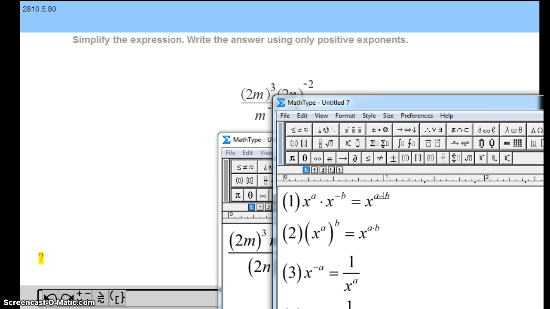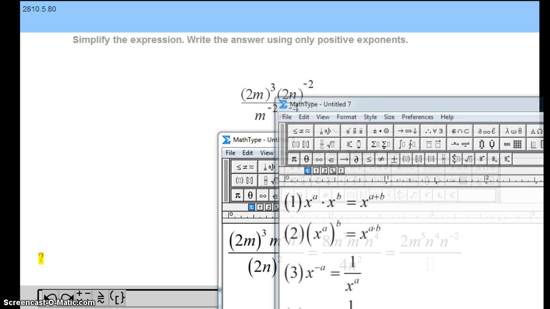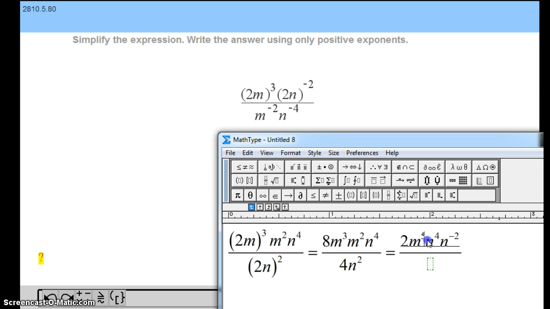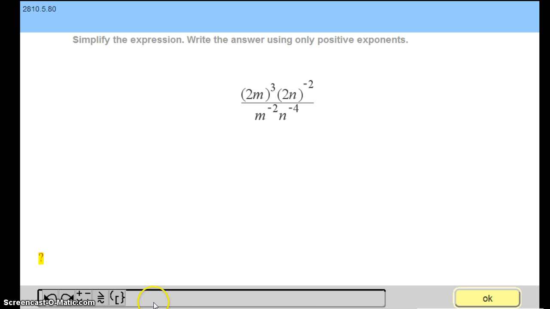So we can do 4 minus 2, which is just n to the 2. We don't actually need this fraction, so I'll get rid of it, and we just write it like this: 2m to the 5, n to the 2.